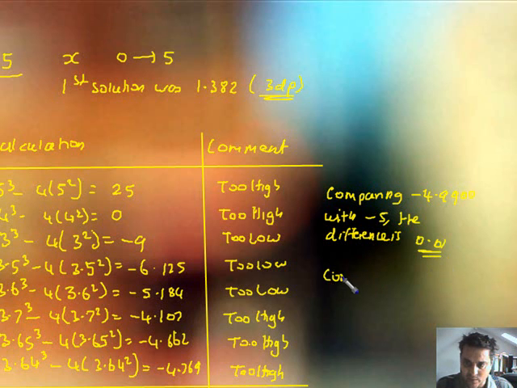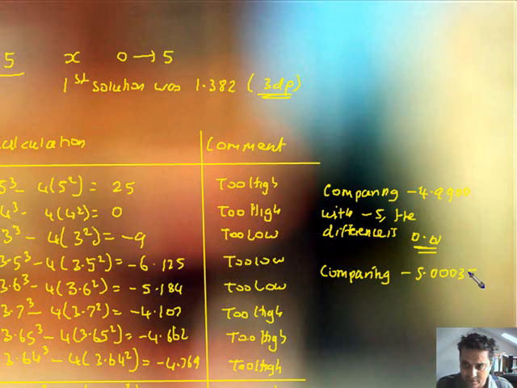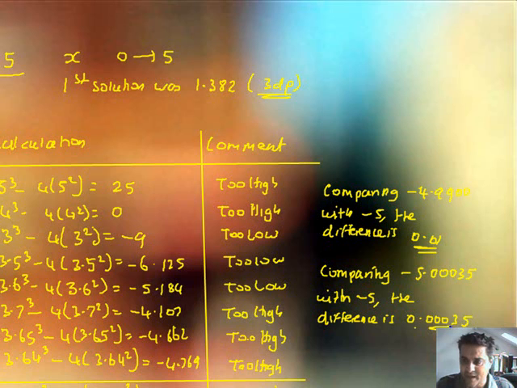And now I'm going to compare the other one. Comparing minus 5.00035 with the target of minus 5, the difference, calculated just by subtraction, is 0.00035, and clearly that is much smaller than that, isn't it?